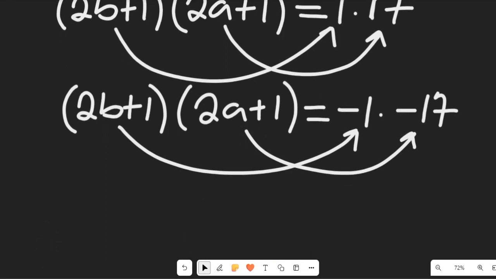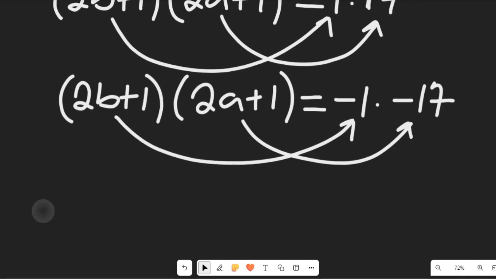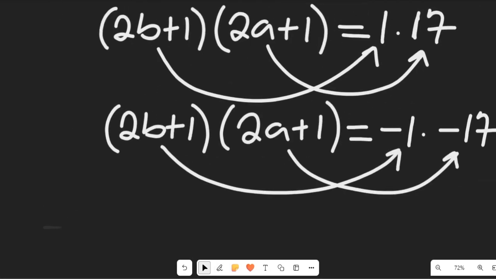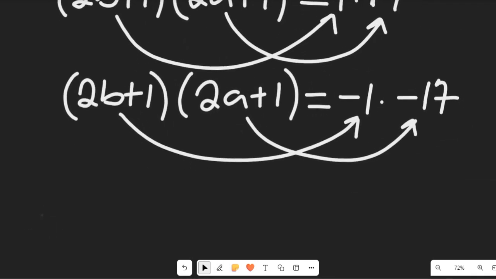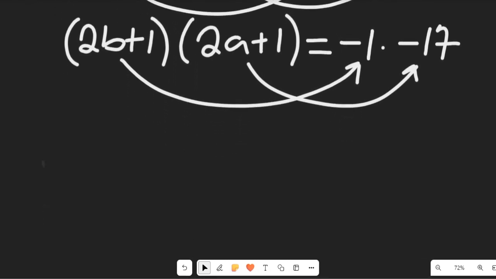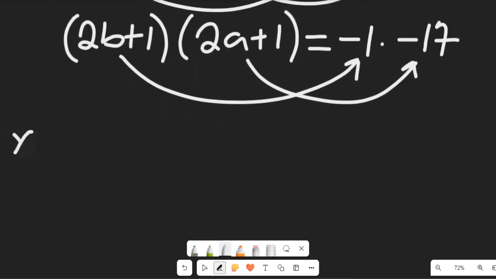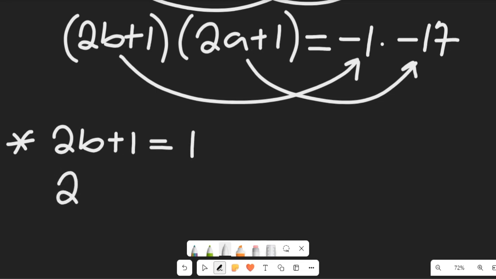So if we simplify this and express them in form of two expressions, the first case is going to give us 2b plus 1 equal to 1, and we'll have 2a plus 1 equal to 17.